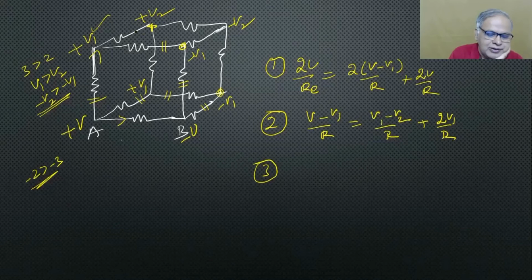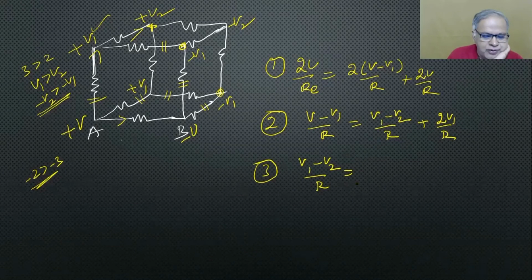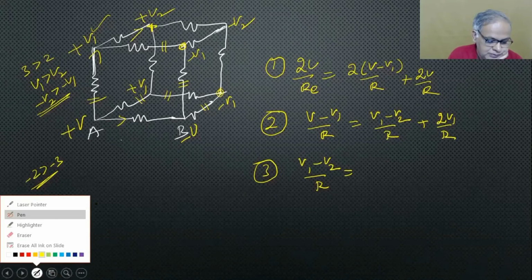Shall we write V1 minus V2 by R is equal to V2 minus V1 by R? Just 1 second. V1 minus, the current is going down, sir. V1 minus V2 by R equals plus V2 minus. Tell me properly. What should be done here?